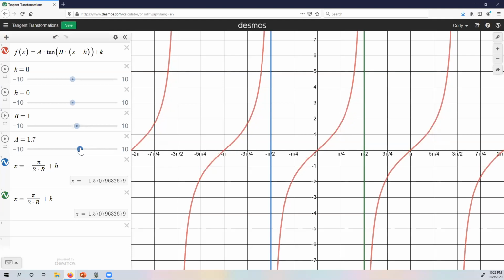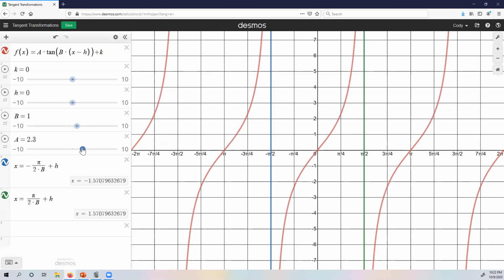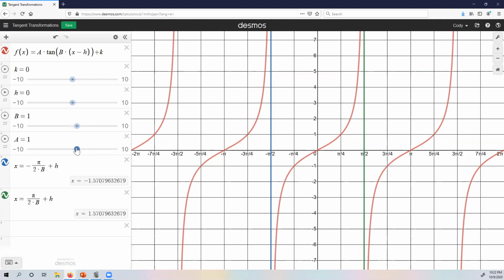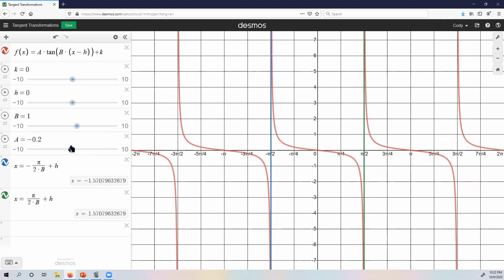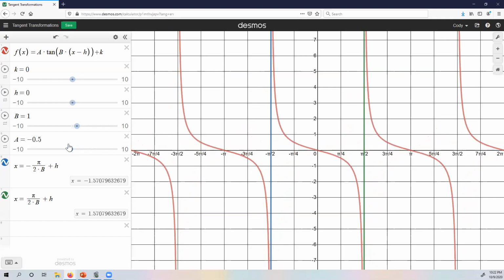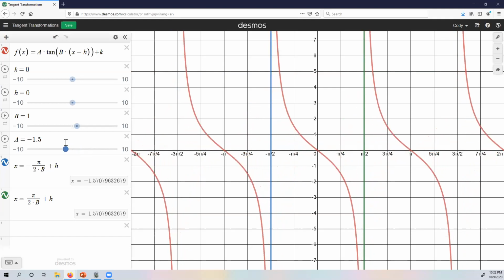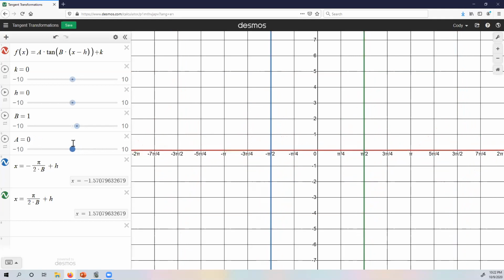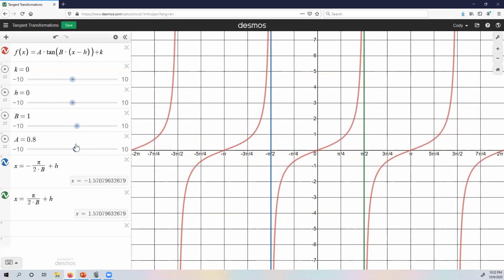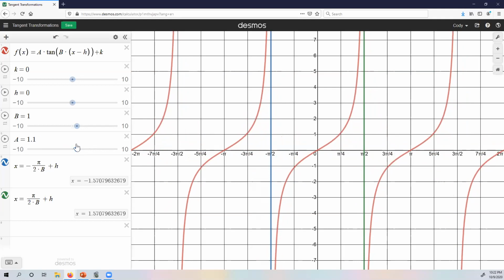As I increase, the function seems to get stretched vertically up and down. As I decrease the value, it's getting compressed. And also notice if I change it to negative, then we see a reflection, right? It reflects across the horizontal axis in this case. Okay, so those are what those things do to this function.